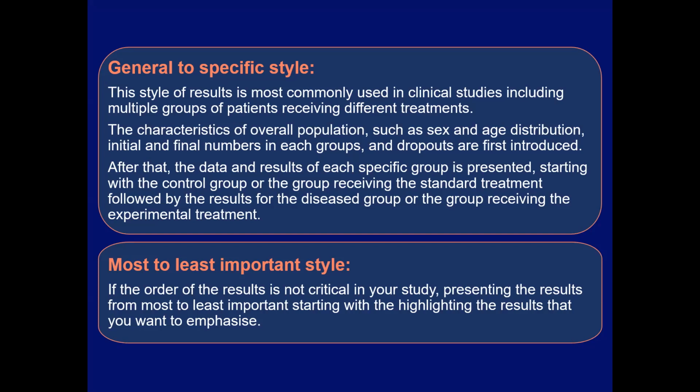So this style could be used actually, but I don't think that in each kind of thesis or paper there are certain critical things that you want to just ignore. You need to present them according to the importance.